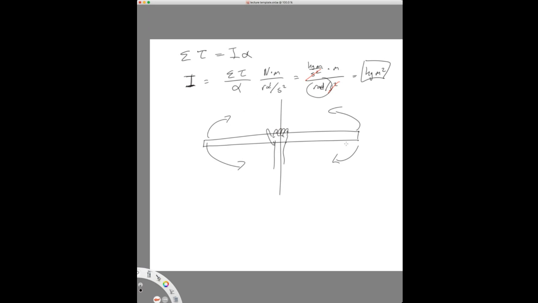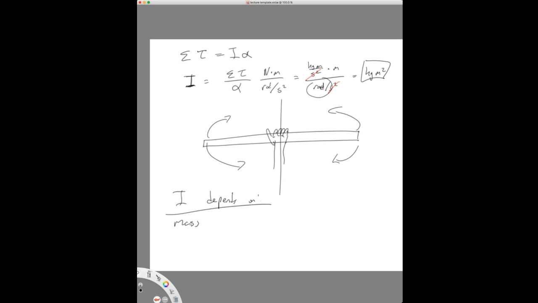One thing it has to do with is the mass. So if you do this with a steel meter stick versus a wooden meter stick, you'll feel a real difference, even though the sizes are the same. So we know that this depends on the mass.